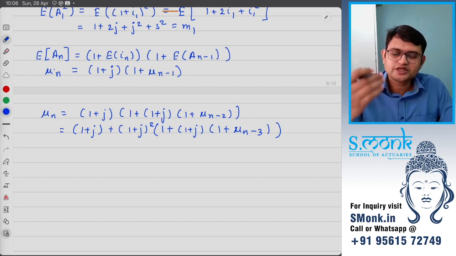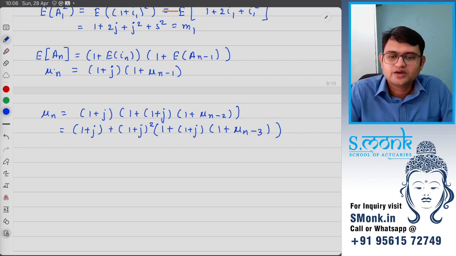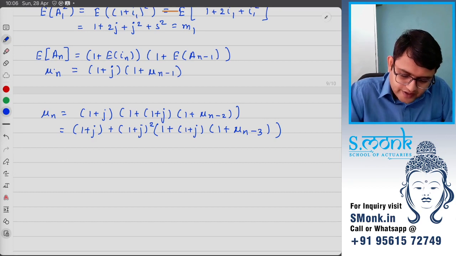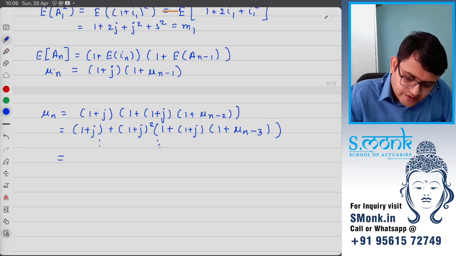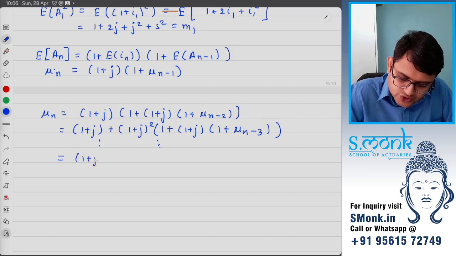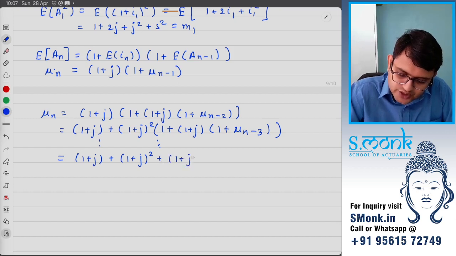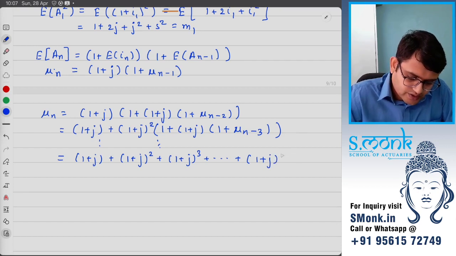This is how you can keep on going, and you will find that this is nothing but (1 plus j) plus (1 plus j) squared plus (1 plus j) cubed, and so on till (1 plus j) raised to n.